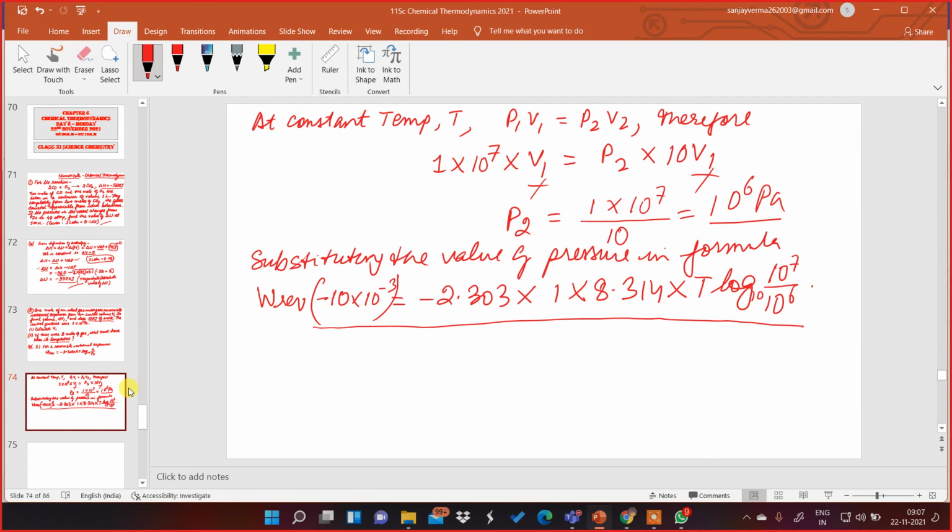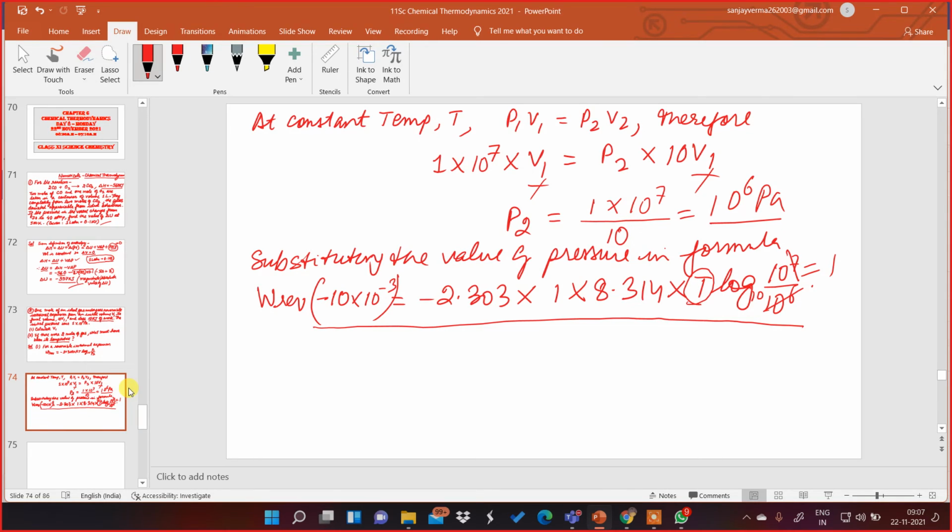Now, upon simplification, you have to make T the subject of the formula. This is log of 10 to the power of 7 by 10 to the power of 6. The 10 to the power of 6 will cancel with 7, so it becomes log 10. Log 10 value is 1, isn't it?